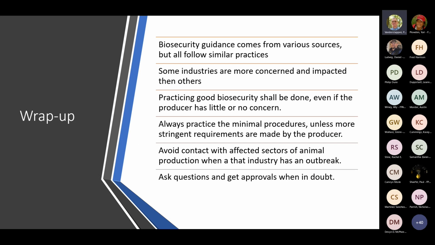So here's my wrap up before I get done. Biosecurity guidance comes from various sources, but they all follow similar practices. The overarching principle is that we all function at a level 1, where we're putting the plastic boots or permanent boots on and washing on all operations, regardless of the situation, at a low level.